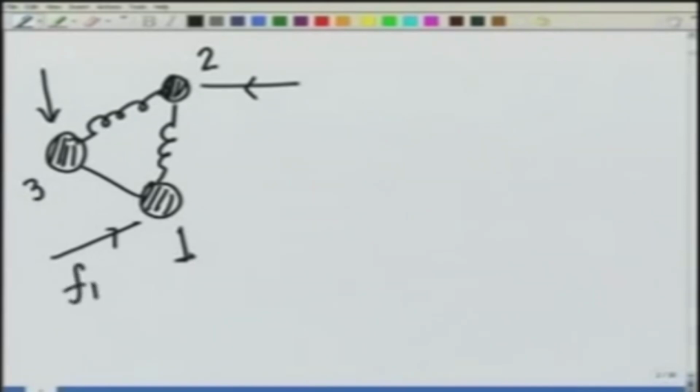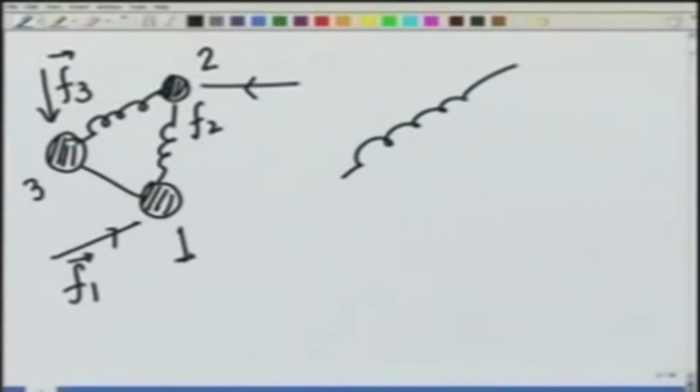Let force on particle 1 be F1, let force on particle 2 be F2, and let the force on particle 3 be F3. As we apply these forces, in the next instant I could have a different situation in which the particles could be, maybe the spring has stretched.